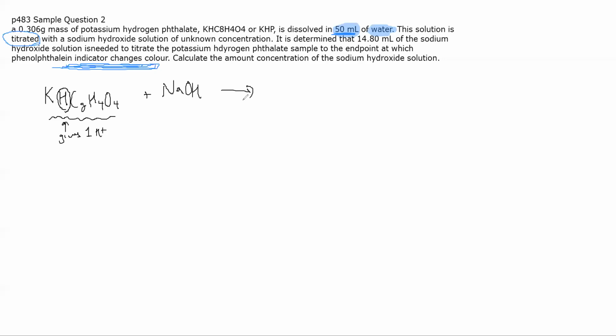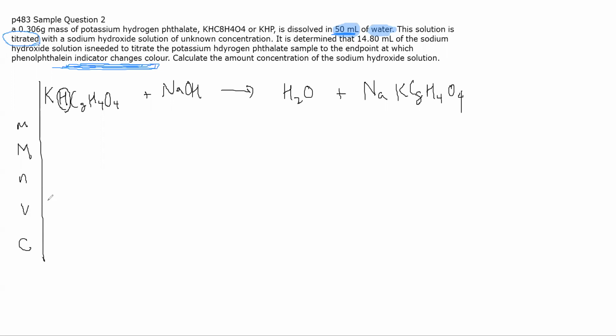Anyways, if I were to neutralize it, I get water plus this funny looking NaKC8H4O4. Yeah, I know. The textbook is just being extra, okay? But bear with me. This is going to be good practice for you anyways. All right, so there is my reaction. Here we go. Mass, molar mass, number of moles, V, N divided by V equals C.